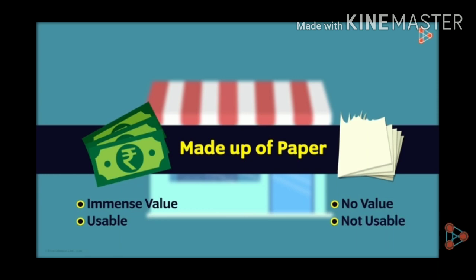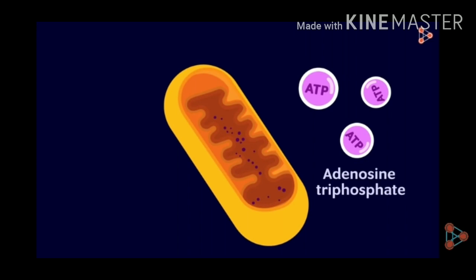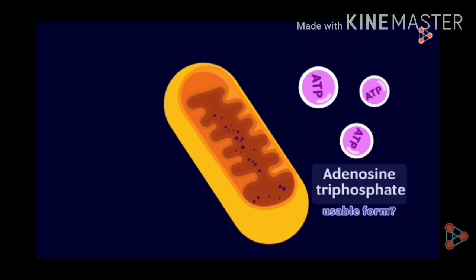We consume food items for the production of energy, and this energy is not in a usable form. It is converted into a usable form in the cell organelle mitochondria, which is known as the powerhouse of the cell.